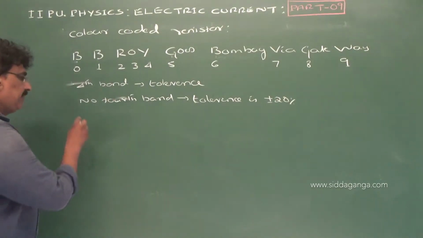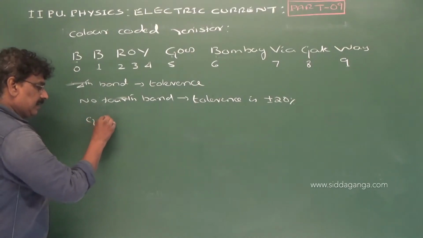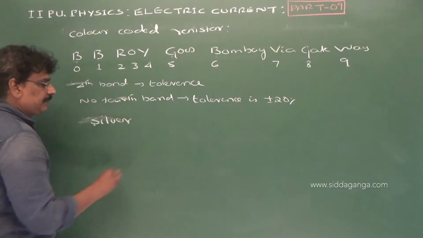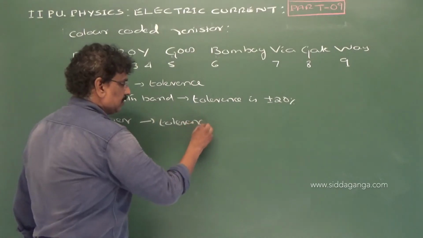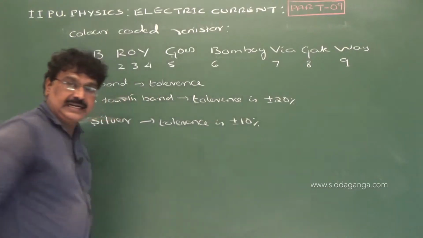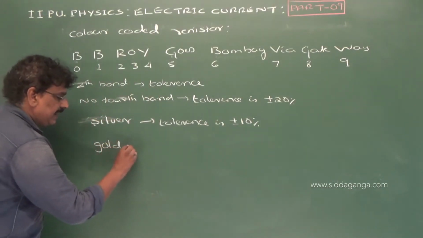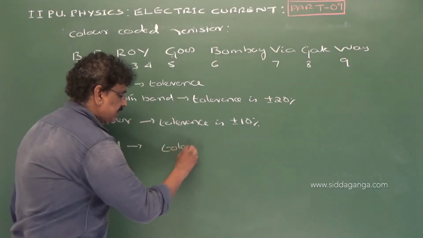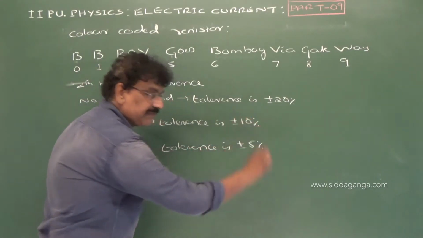If the fourth band is silver, then the tolerance is plus or minus 10%. If the fourth band is gold, then the tolerance is plus or minus 5%.